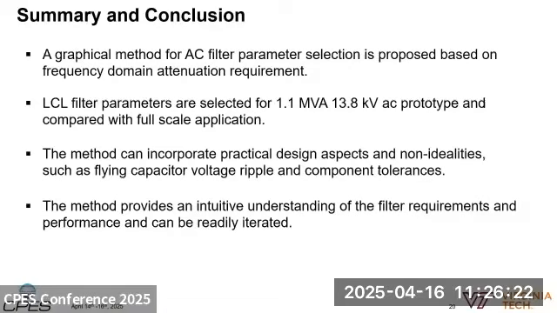As I said, once you increase to the full scale application, 10 times the power, you get much smaller parameters. And it's an interesting method because it can incorporate some practical design aspects and non-idealities of the converter design, such as the flying capacitor voltage ripple and also component tolerances.